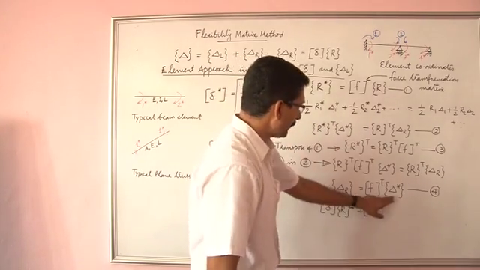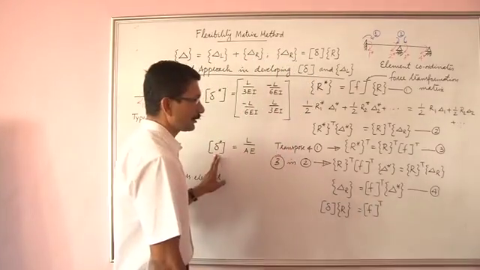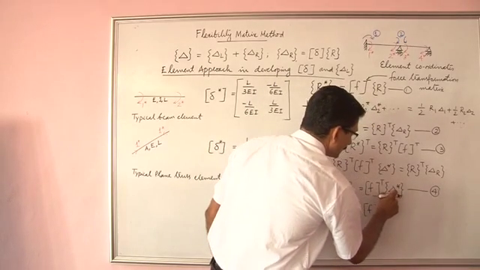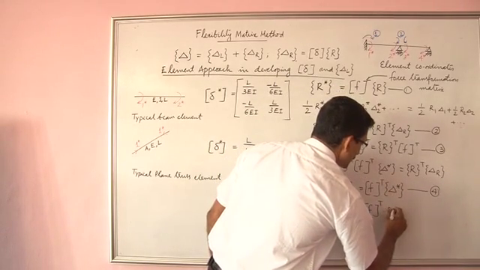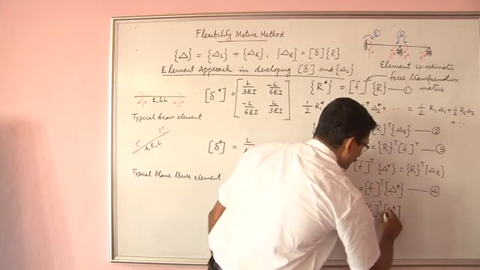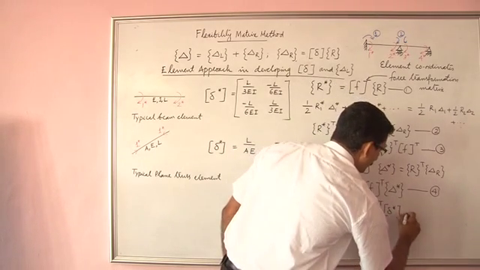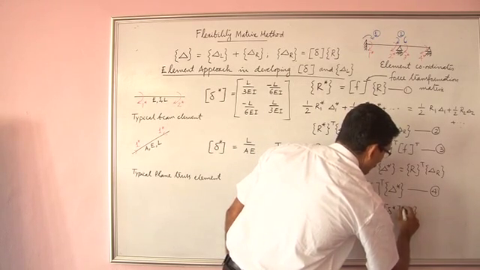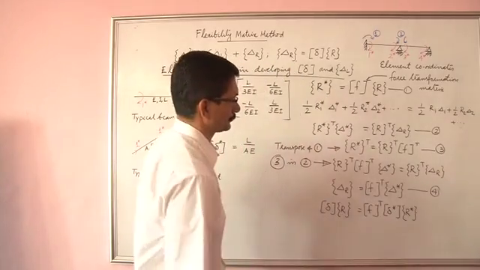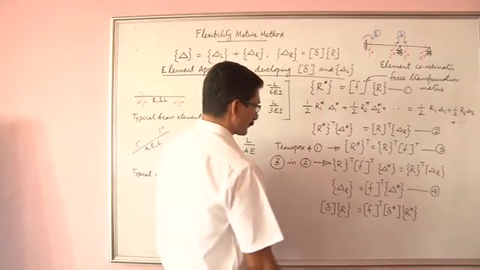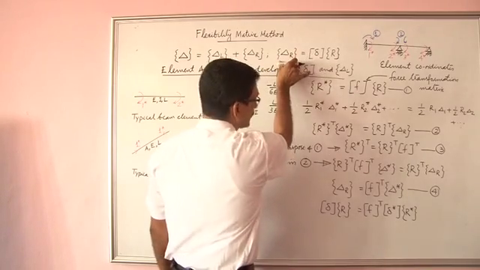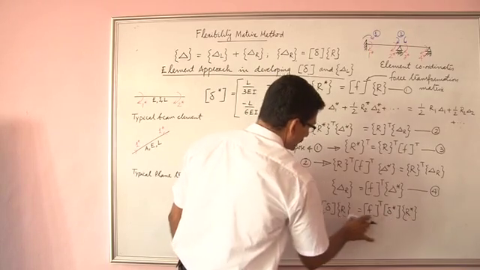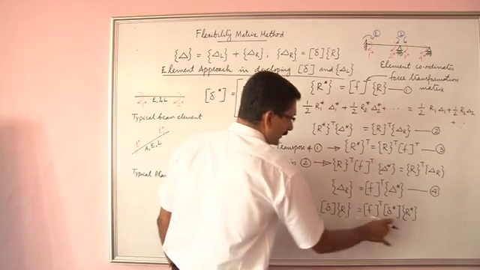We can now define a matrix like this: capital delta star is equal to small delta star matrix multiplied by R star. This is delta R, this is delta star. This is for the elements, this is for the structure as a whole, for structure coordinates and element coordinates.